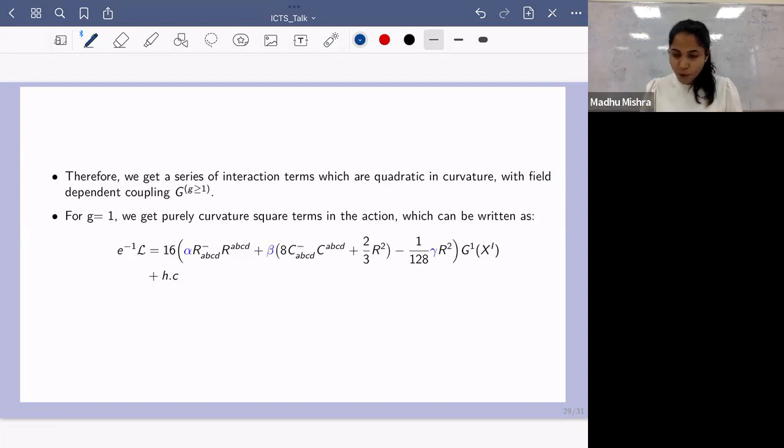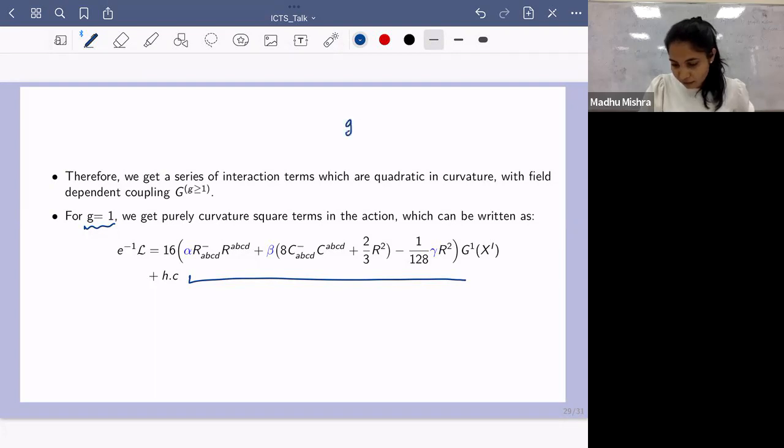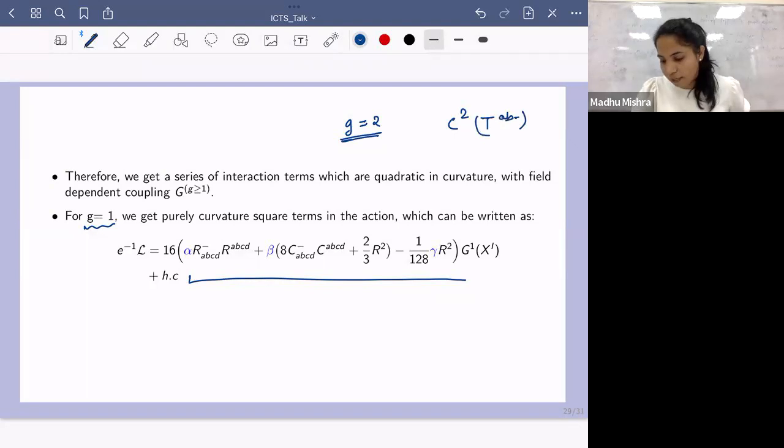And if we just want the pure curvature term, we will just fix the small g to 1, and we will get this sort of action. However, the action that we obtained in the paper has all sorts of terms, Chern-Simons terms, and the action that we have is till g is equal to 2. So we also have terms which are Weyl square multiplied with some auxiliary or field-dependent fields, and something like this also we have.